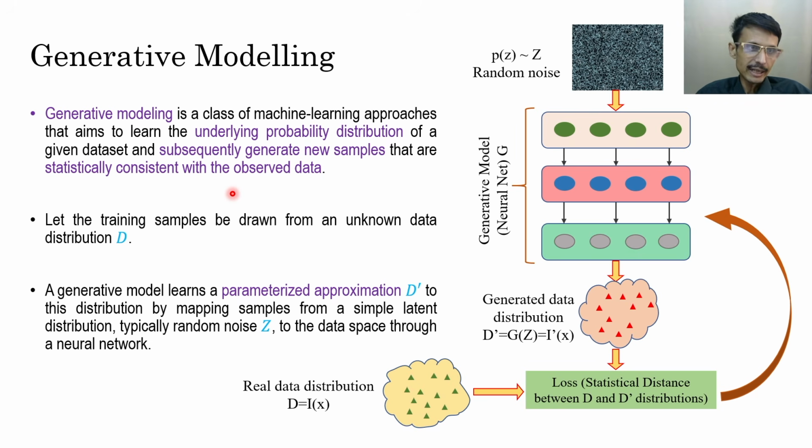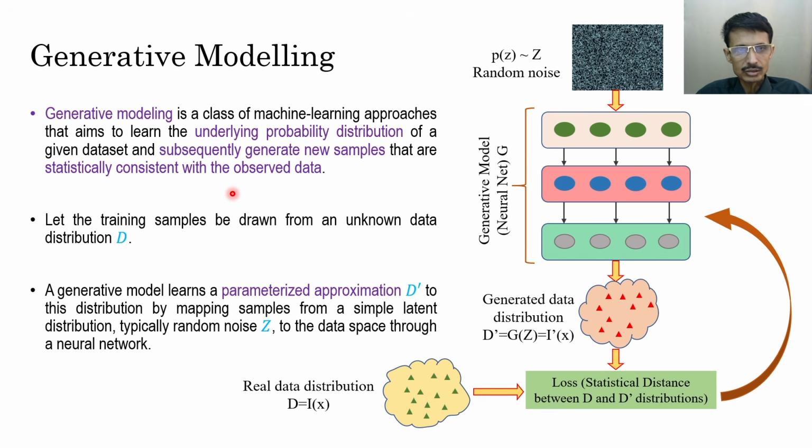Now we are going to a different paradigm of learning called generative modeling. In this approach, it mainly aims to learn the underlying probability distribution of a given data set.